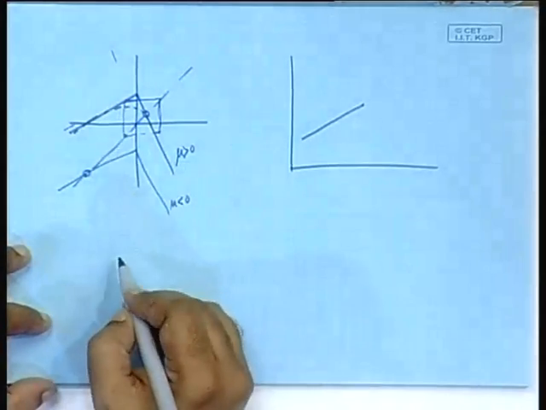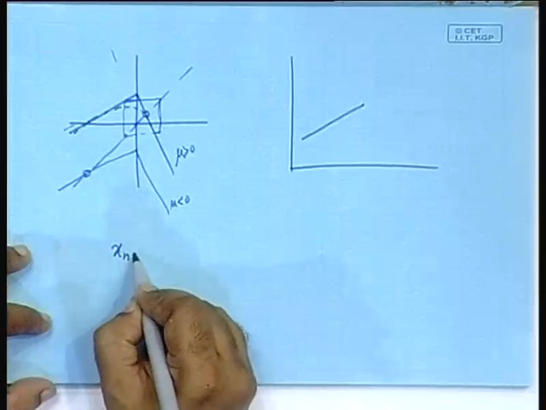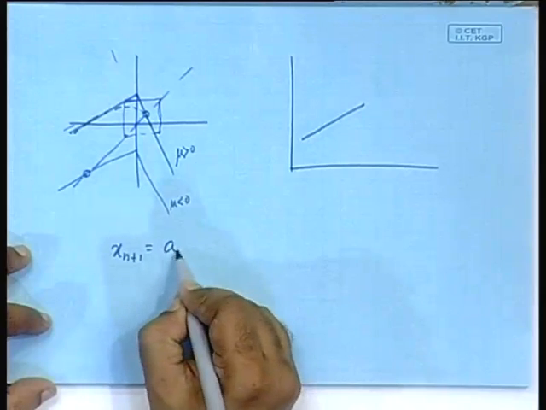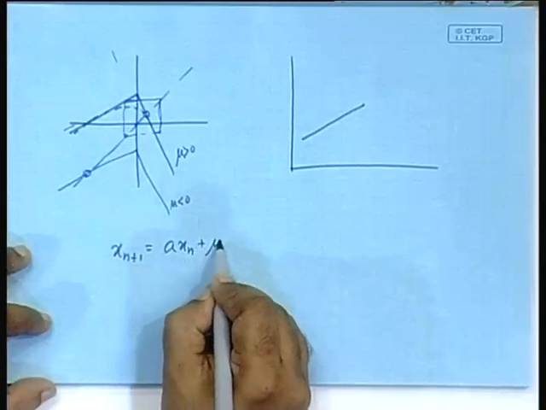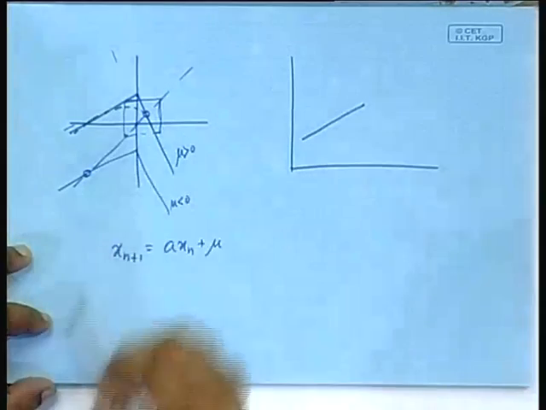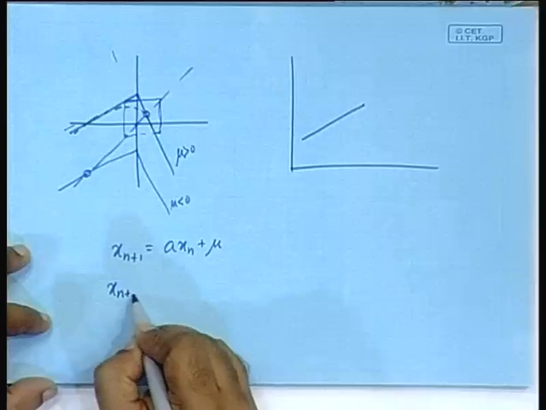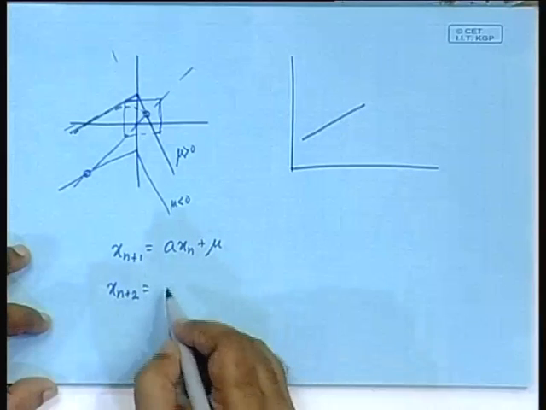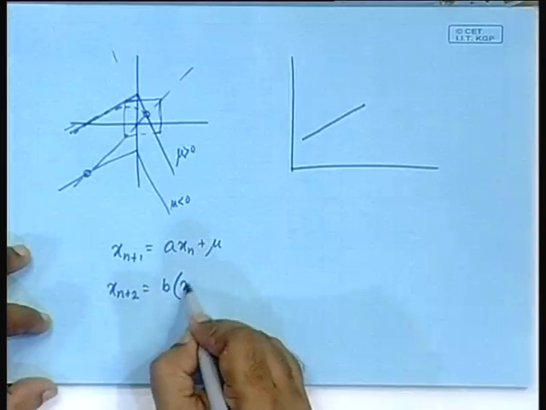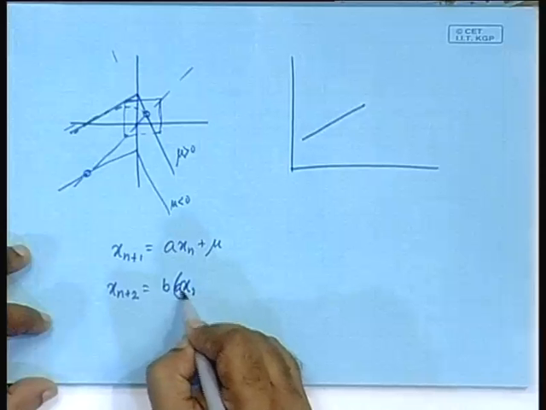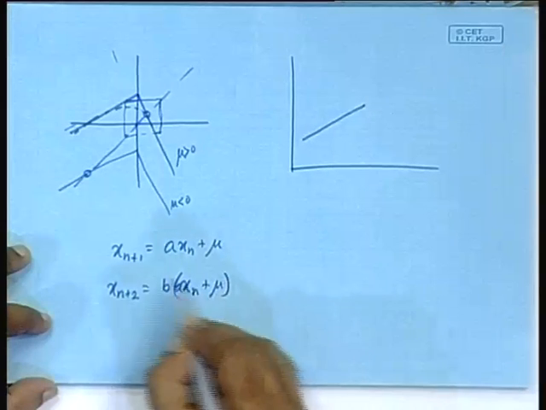Suppose you start from here, that means x n plus 1 is equal to a x n plus mu, which has brought me to the right hand side. Then x n plus 2 is equal to b times (a x n plus mu) plus mu, I am substituting x n plus 1.